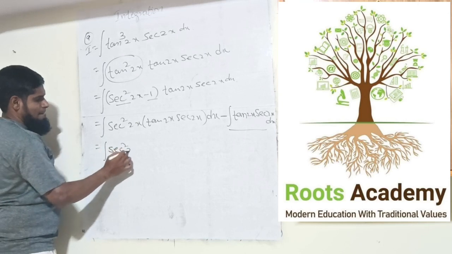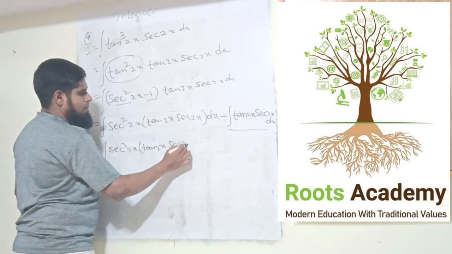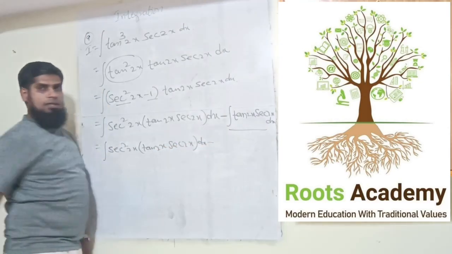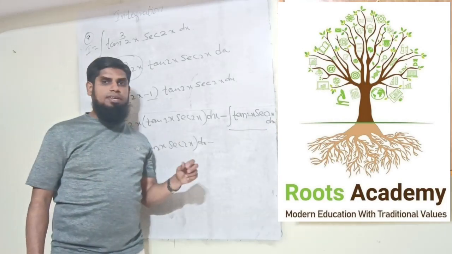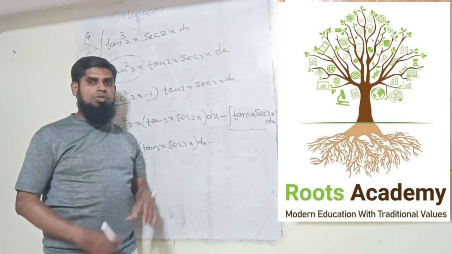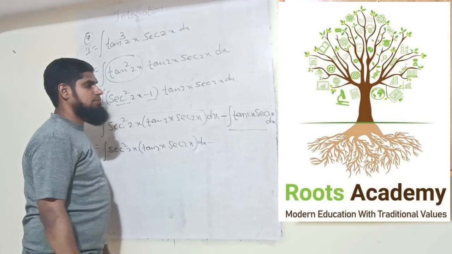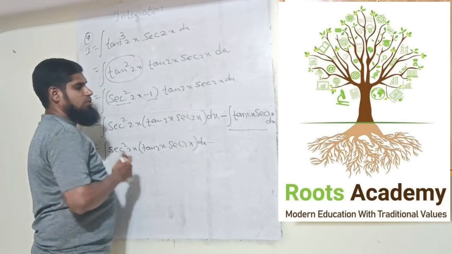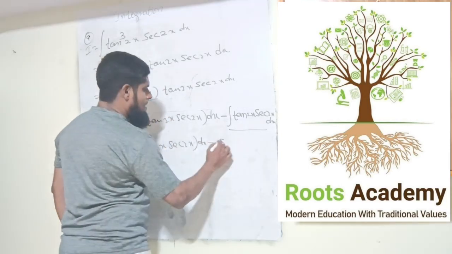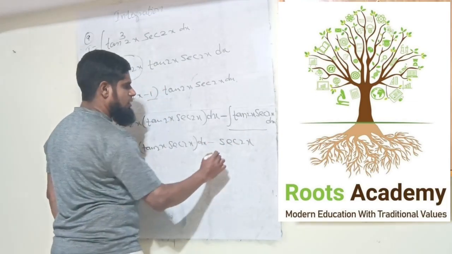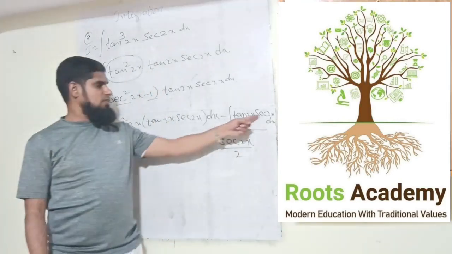Integration of secant 2x into tan 2x into secant 2x dx minus. So integration of tan x into secant x: we know the derivative of secant x is secant x into tan x. So here we have tan x into secant 2x, so this becomes secant 2x divided by 2 as the direct integration of this.